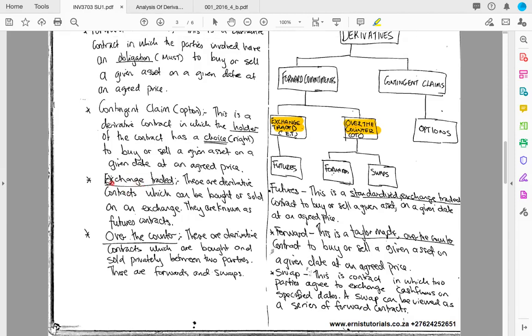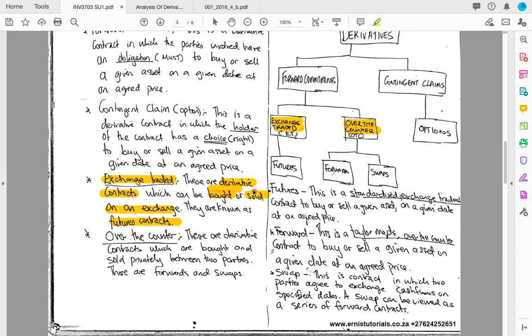Okay, so when we talk about exchange traded derivatives, these are derivative contracts which can be bought or sold on an exchange. They are known as futures contracts. Okay, so an exchange traded derivative is a forward commitment, but it's a special type of forward commitment. It's a forward commitment that can be bought or sold on an exchange, right?